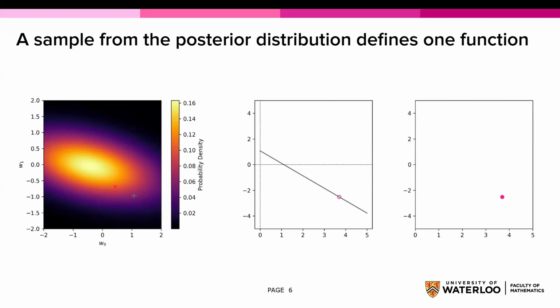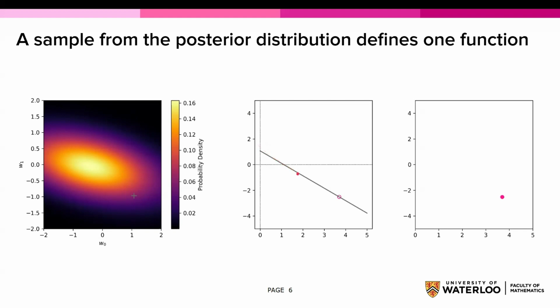So this sample defines a specific line with a slope and an intercept that correspond to the sampled weights. We can sketch that here: an intercept of 1 and a slope of about -1. This line now represents one possible function that could map our inputs to our outputs given the observed data. This is one of many potential lines that the model believes is possible.